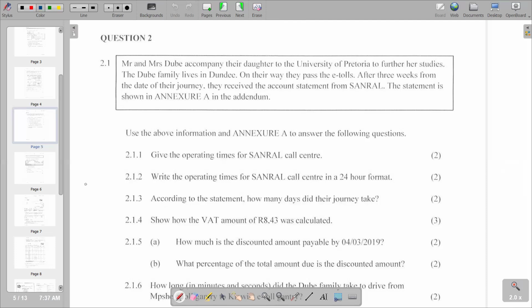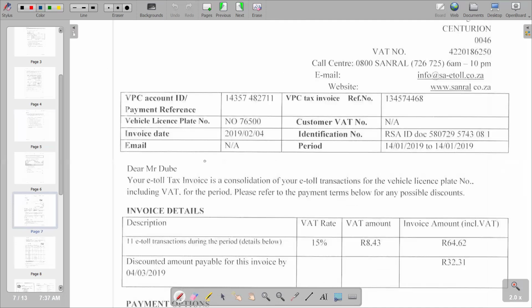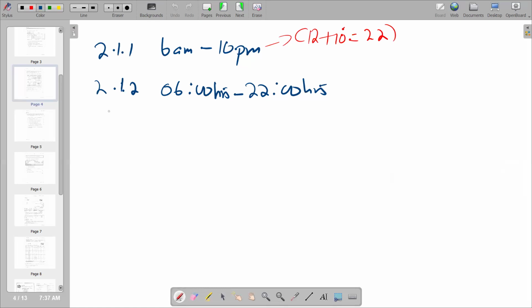So we try to refer back again to our annexure and see the days taken. So we are given that period is 14/01/2019 to 14/01/2019. So basically, we are going to say 1 day, which is 2.1.3.